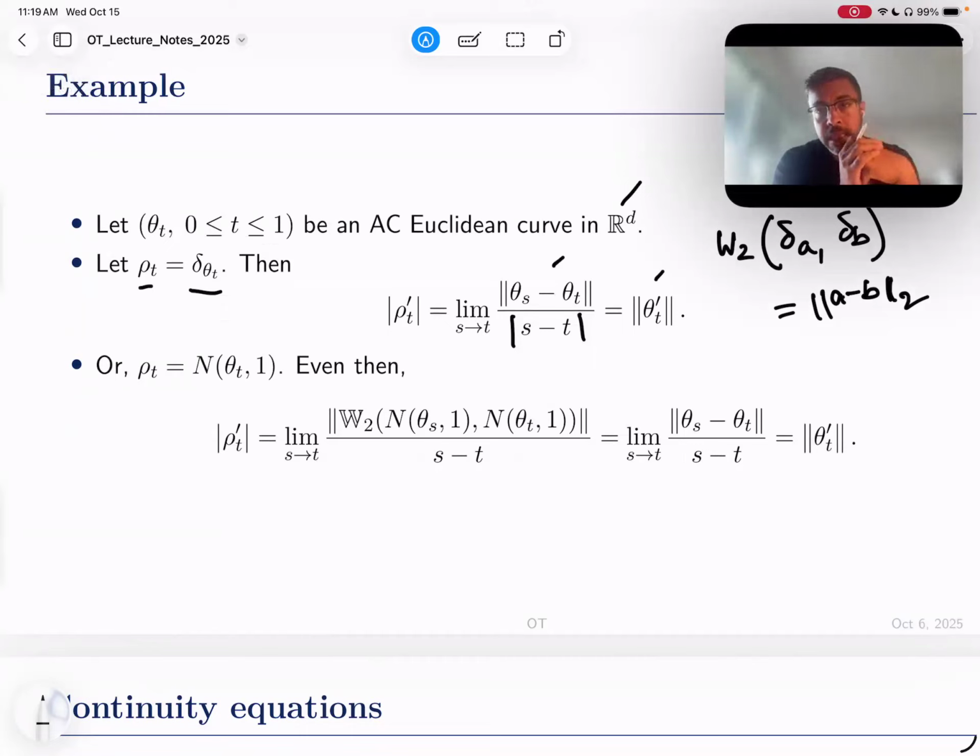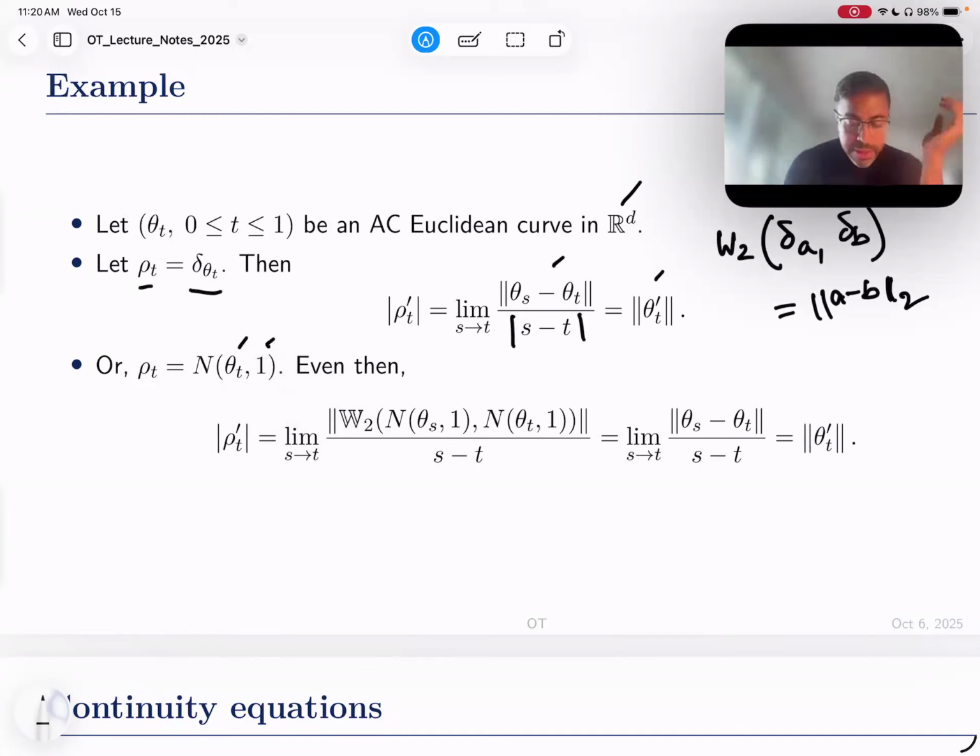Clear? Now, if you object that I'm cheating because I'm using a delta mass, this is actually not a big deal, because you can also take the normal distribution with mean theta t. I'm taking d equals 1, but just take identity covariance and solve the problem. So take normal theta t and variance 1.